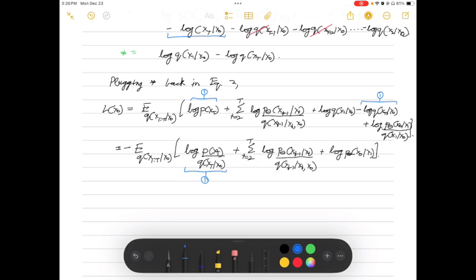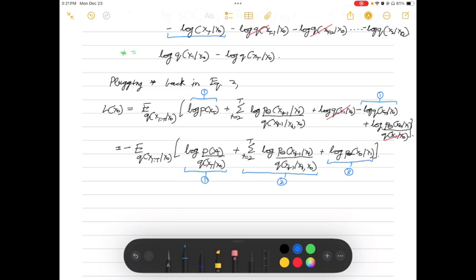Right, now what we did next was we kept the second term unchanged, and then we took the third term and combined that into a single term because we cancelled out the log q of x1 given x naught with negative log q of x1 given x naught here, and we arrived at this third term, which is log p theta of x naught given x1.